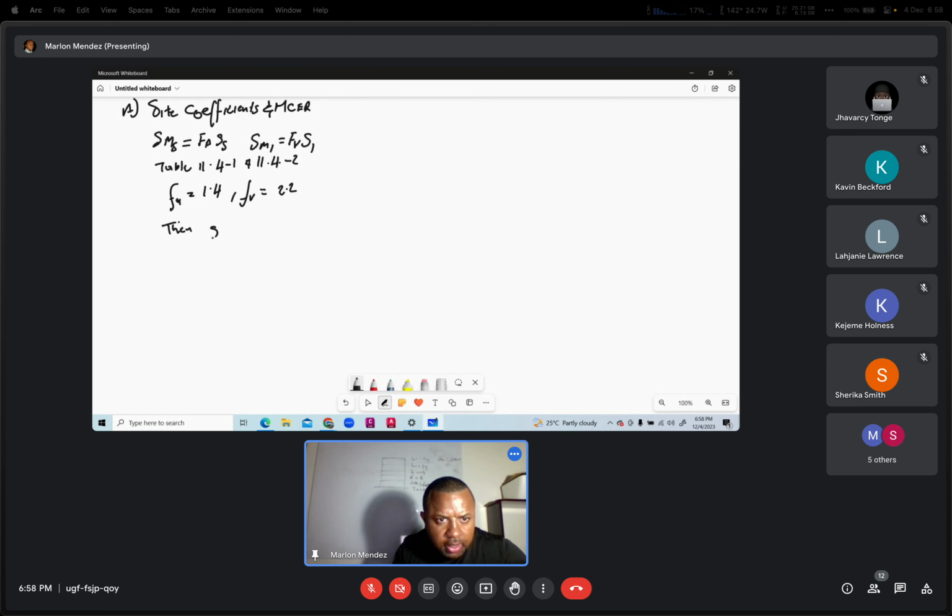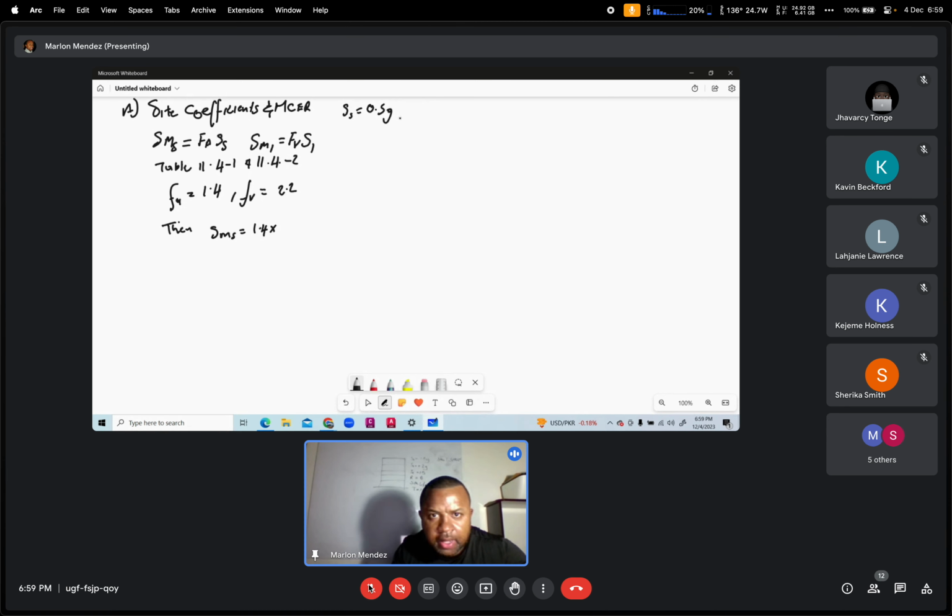Replace the SM: S is equal to 0.4 multiplied by, and in this case, we had mentioned that SS is equal to 0.5 G, and S1 is equal to 2.2. So in this case, the site class for this is D.